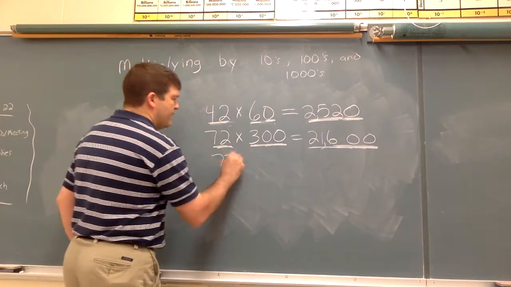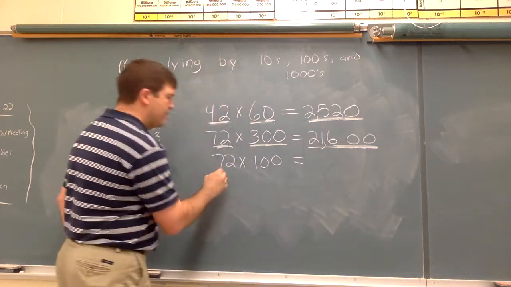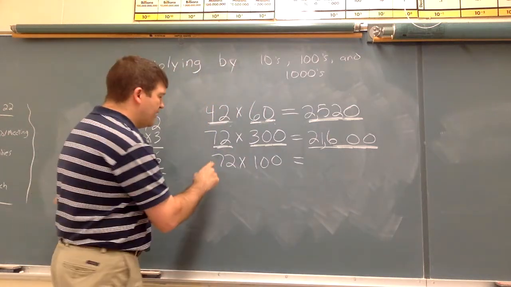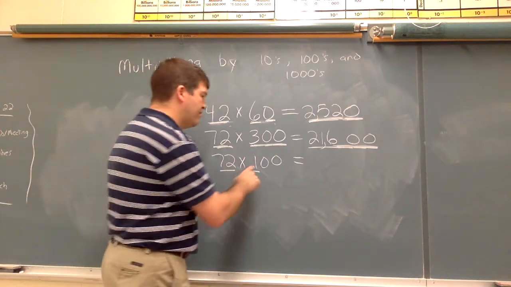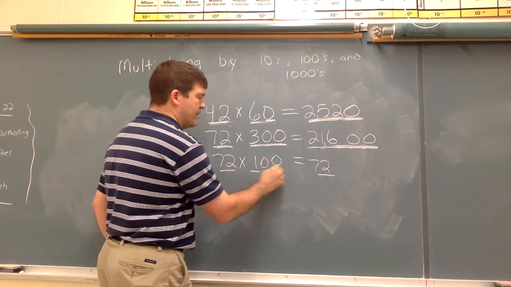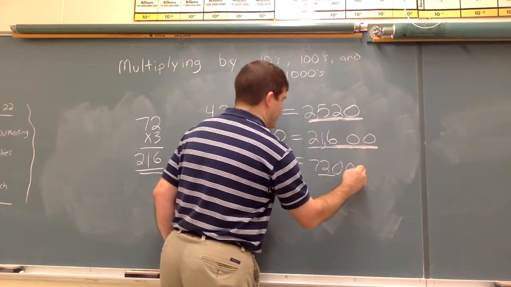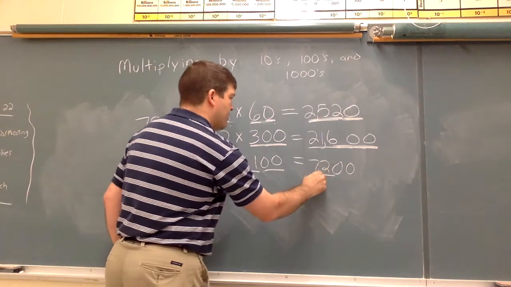It's just like if I would do 72 times 100, I do my 72 times 1. The difference with that is that I can do that in my head because I know everything times 1 is itself. So those two match up, and then I have my two zeros here. And 1, 2, 3.